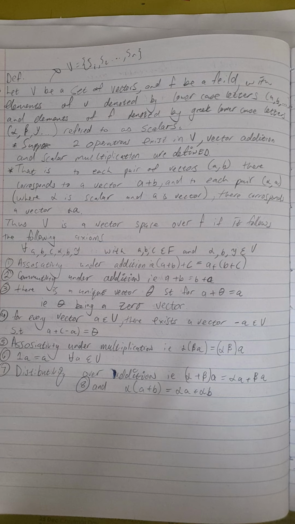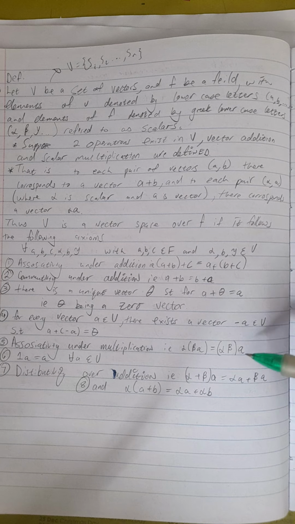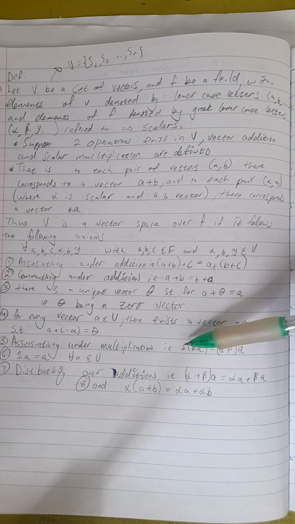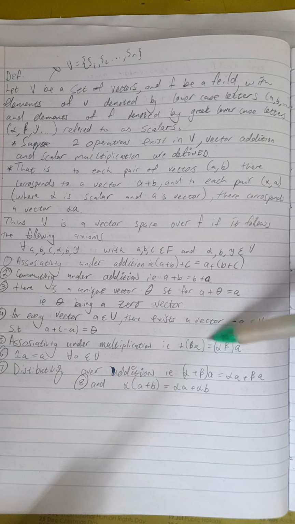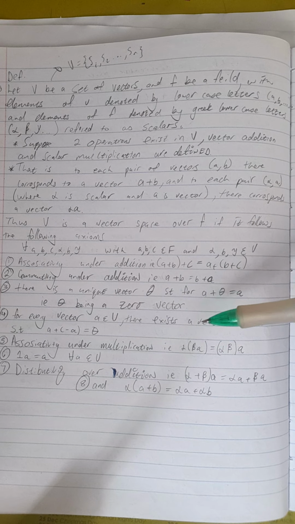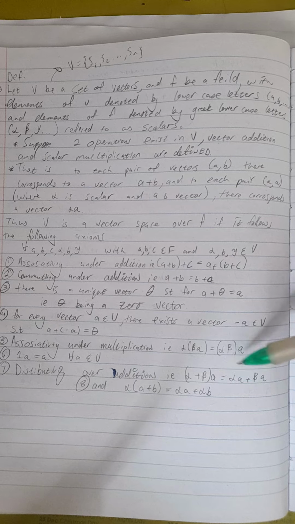Associativity under multiplication for a vector space is just going to be a scalar multiplying into that vector, as it's denoted here. Any scalar alpha, open brackets, and then this multiplication here, beta A, is going to be associative, because those scalars themselves can multiply, and then it can multiply with the vector and it won't make any difference.